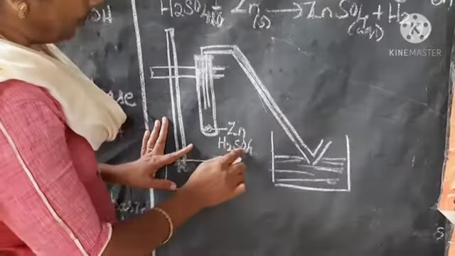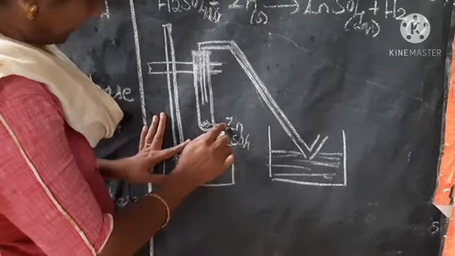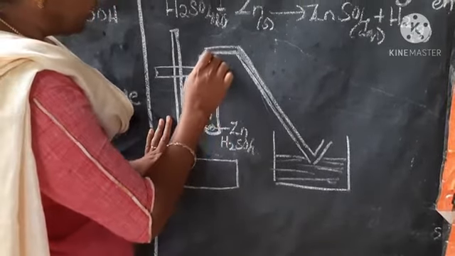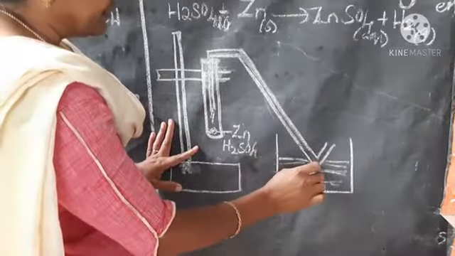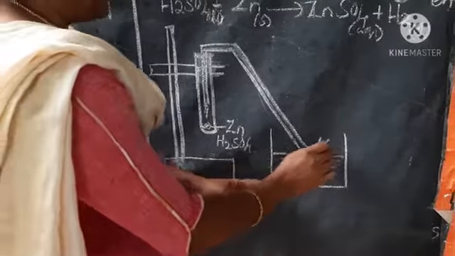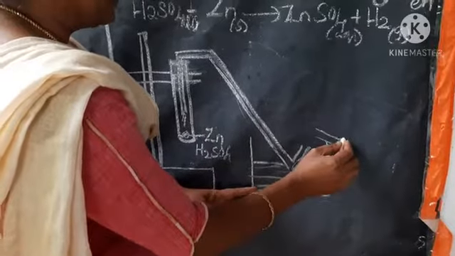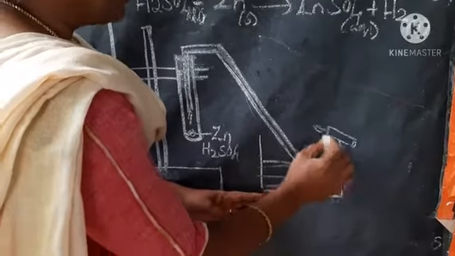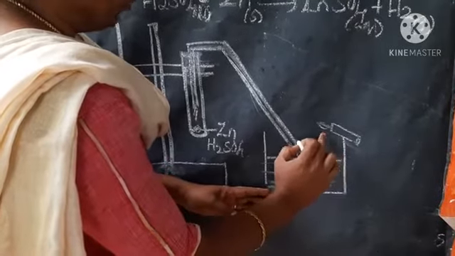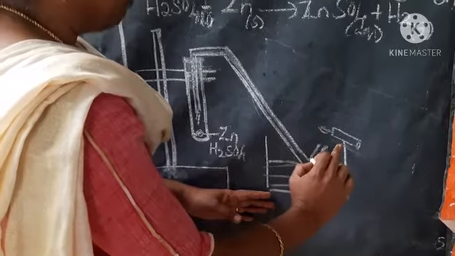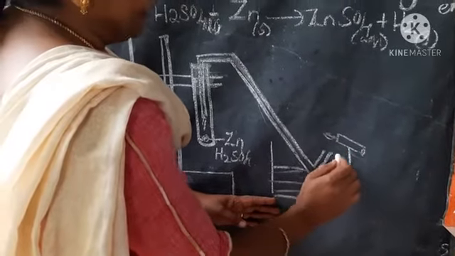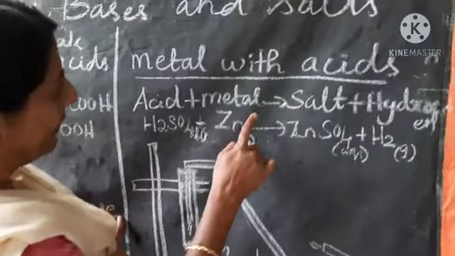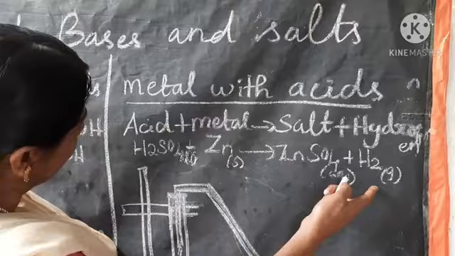After adding sulfuric acid to zinc, hydrogen gas is evolved and it passes through this delivery tube. If you bring a small candle near to it, it will make a pop sound. If the sound is a pop sound, it means it is hydrogen gas. So when acid reacts with metal, it produces salt and hydrogen.